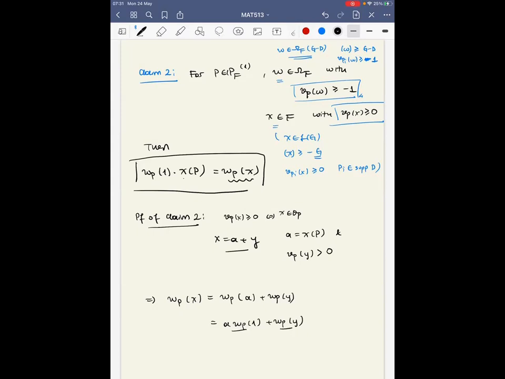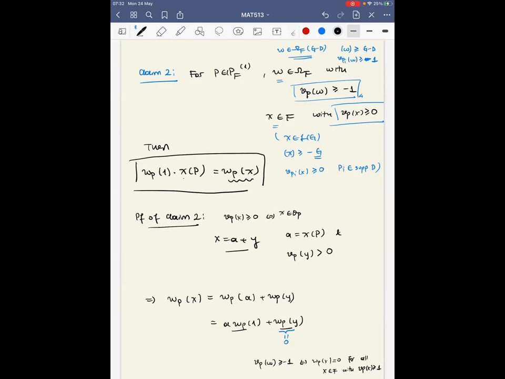So simply here, again, we will observe that this quantity is 0 because we know that by the assumption, the valuation of omega is bigger than or equal to 1 if and only if VP of x is 0 for all functions that have zeros at P of order at least 1.